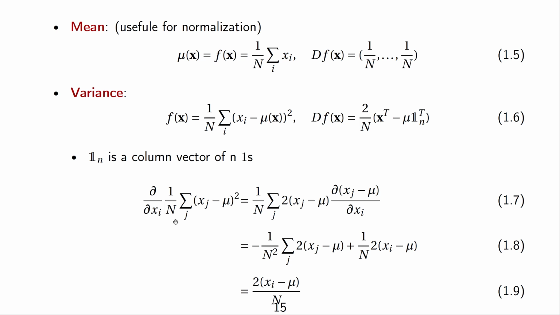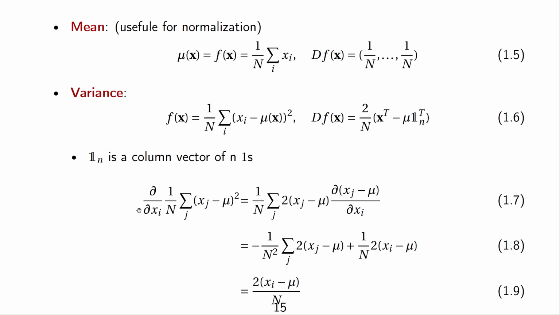Okay, let's derive this. So we have the expression of the variance, copied from above, 1 divided by n. Except for this mu, we just don't write mu of x to save some time, but it is important to remember that this depends on x.